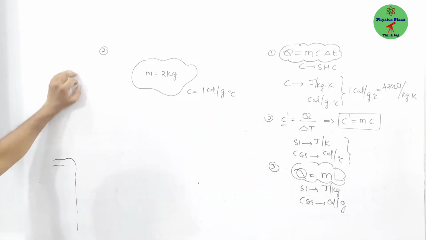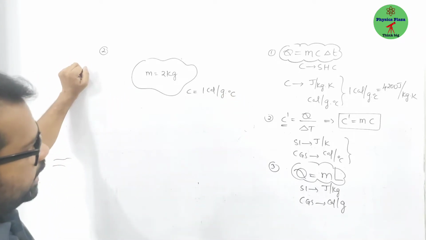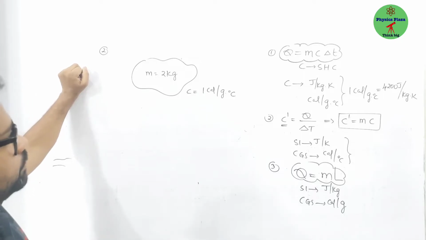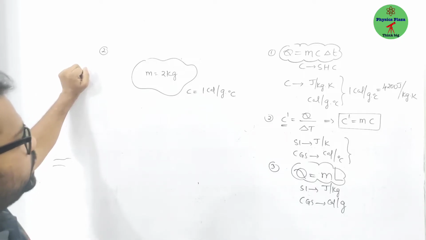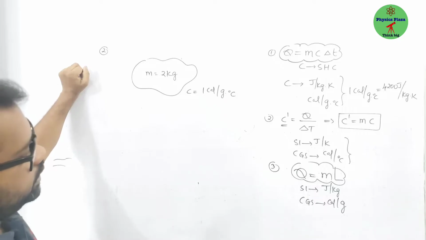So what can we expect? Q is equal to mc delta T, right?